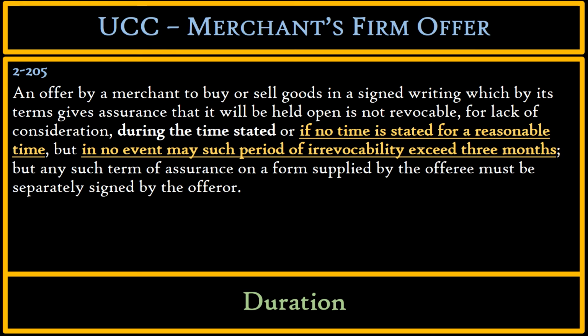If the goods are technology and the technology rapidly changes, then adjust your reasonable time accordingly. If the goods are selling in a market where the prices are volatile, then the reasonable time might be a short time indeed.